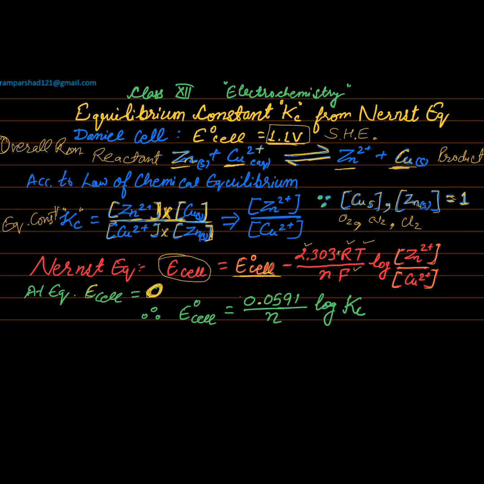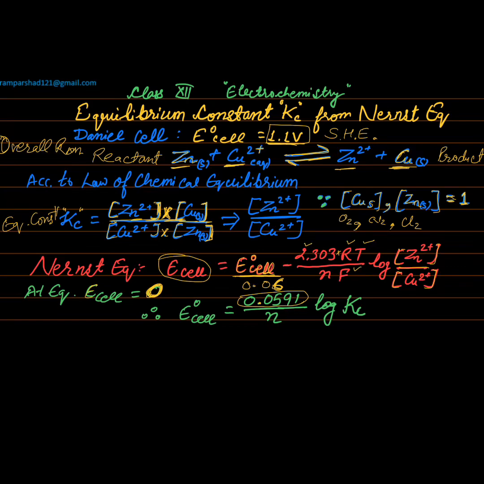So you can also round off this value as 0.06. For calculating the numerical in a fast way, we can round off this value as 0.06. The answer comes very same and very close to the accurate one. So we can also consider this value.